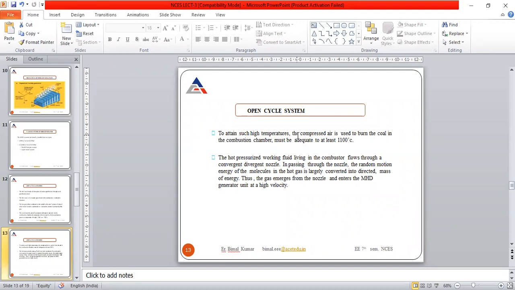In passing through the nozzle, the random motion energy of the molecules in the hot gas is largely converted into directed mass energy. Thus, the gas emerges from the nozzle and enters the MHD generator unit at high velocity.